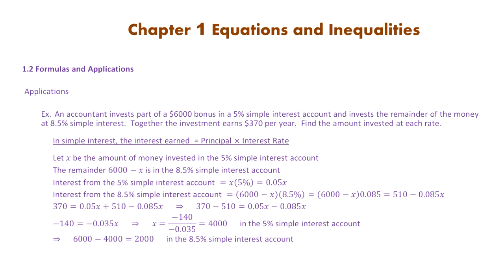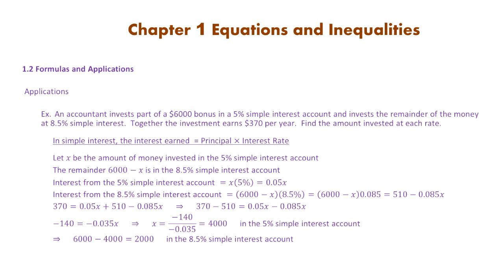So in this case, there are two options. You can either put it in the 5% simple interest account or the 8.5% simple interest rate account. And then together at the end of the year, the investment earns $370.